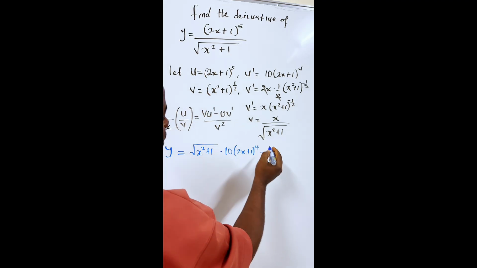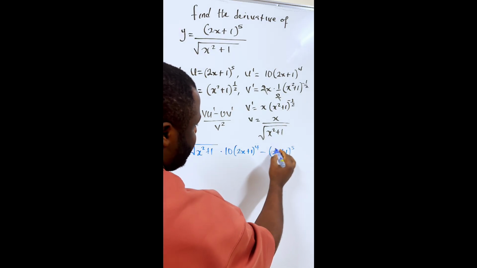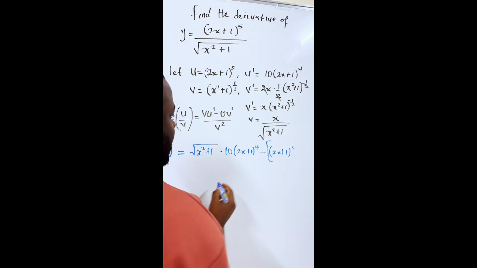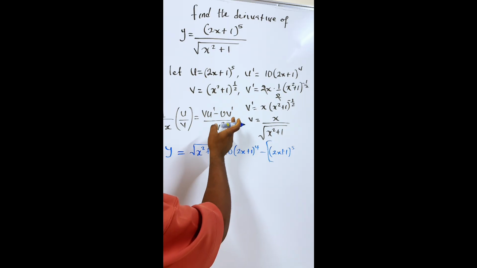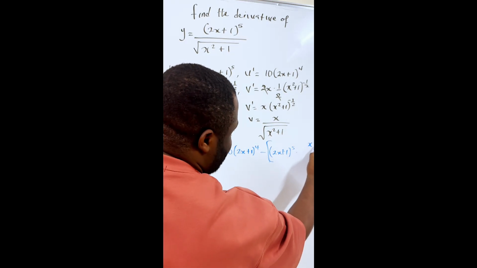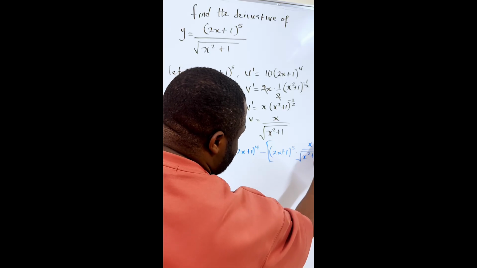So u is (2x + 1)^5. Remember they are together. Then multiply by v prime, and this is v prime: x over the square root of x^2 + 1.